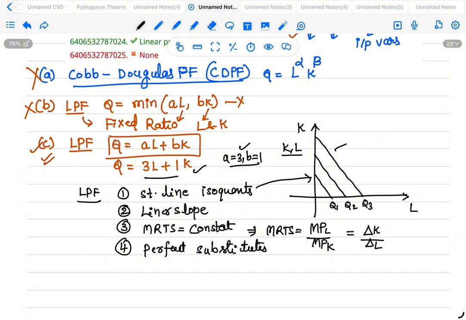The linear production function has perfect substitutes. And the fifth property is constant returns to scale. So these are the 5 properties of the linear production function.